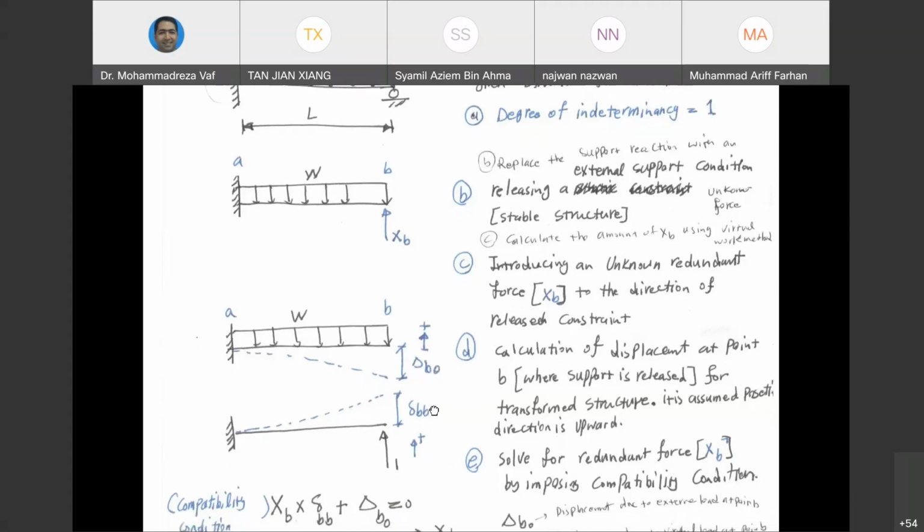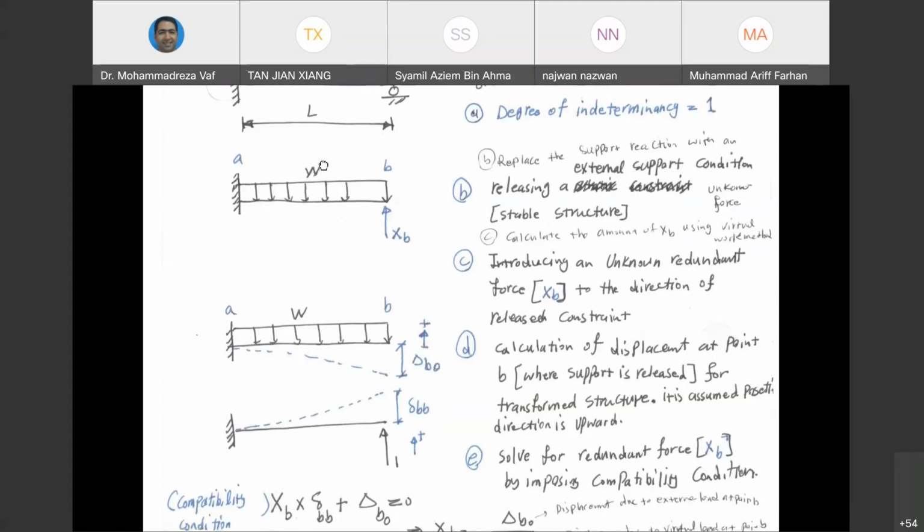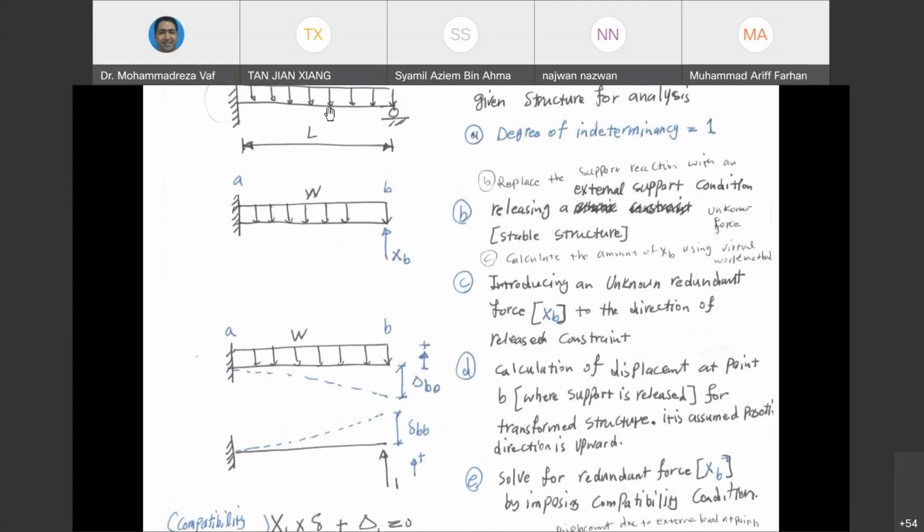So this is why I assume that I can apply a unit load to point B, and I will multiply this unit load by a value of XB that I don't know how much it is. But what I want is that after multiplication, XB multiplied by delta BB should equal delta BO. In that case, these two are going to represent the main beam.